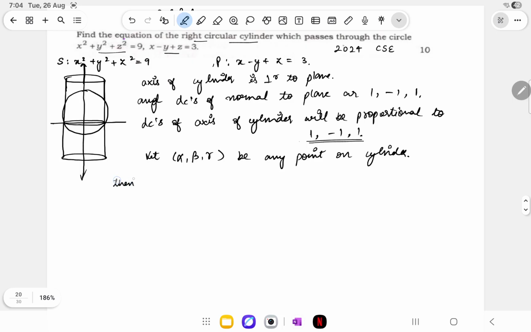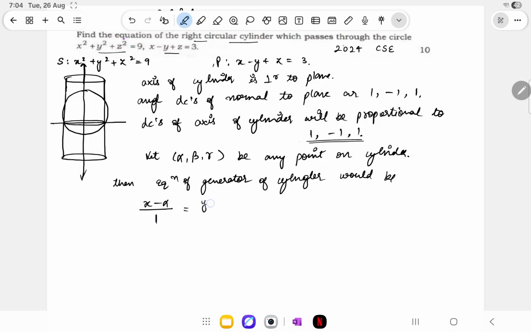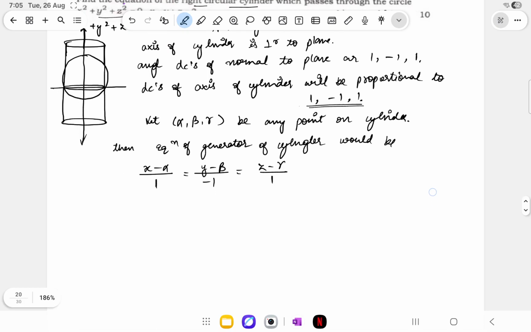Then the equation of the generator of the cylinder would be x minus alpha upon 1 is equal to y minus beta upon minus 1 is equal to z minus gamma upon 1. This is the equation of the generator, because generators of a cylinder are also parallel to the axis of the cylinder.